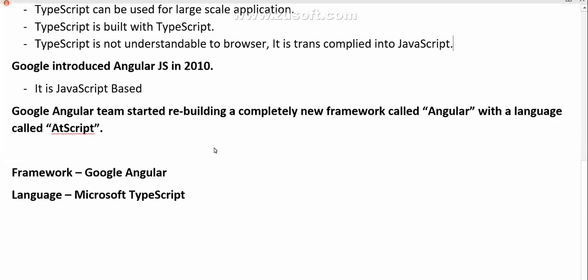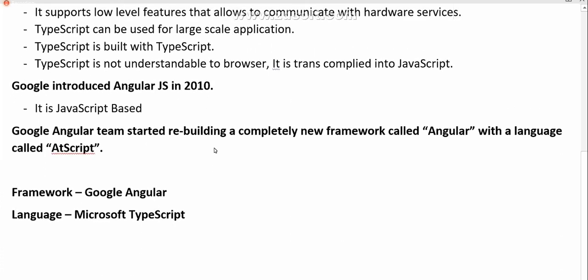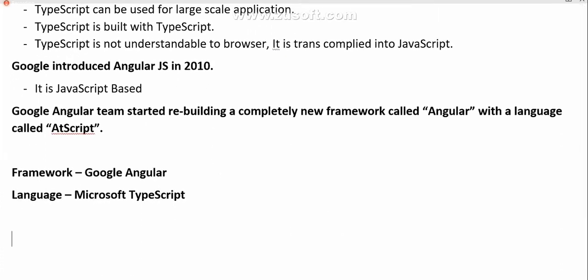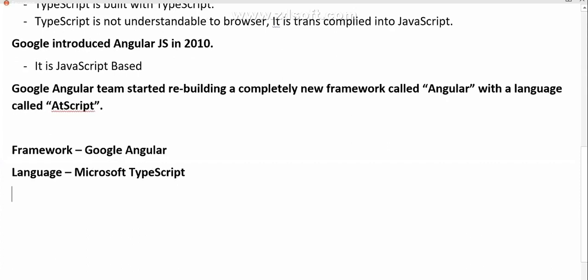What does this TypeScript comprise of? That means you need to understand the basic TypeScript architecture, how TypeScript actually works.